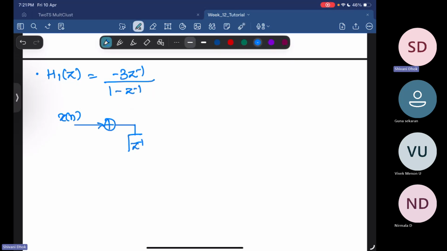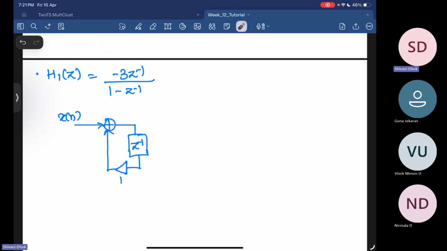So first we'll do a z inverse, and then we'll do a 1 like this. So this is the denominator. Now in the numerator, what do we have? We have minus 3z inverse. So we want to add, or yeah, okay. Yeah, we have this particular thing here.